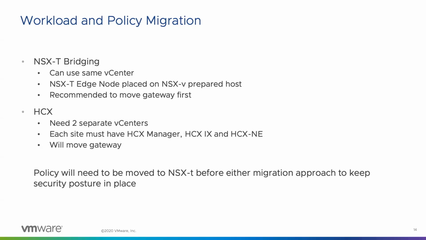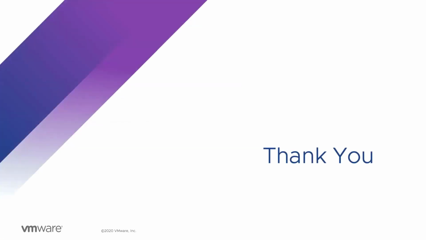This will move your gateway over as well, but both of these scenarios will require that all of your policies get moved over to NSX-T before the migration happens. Otherwise, if you move your workloads over to the NSX-T environment, they'll be unprotected if you have certain NSX security policies in place. And that's all I have for you today.